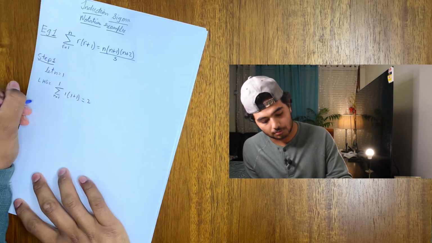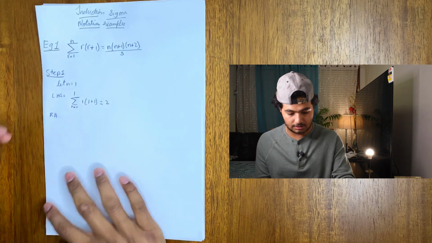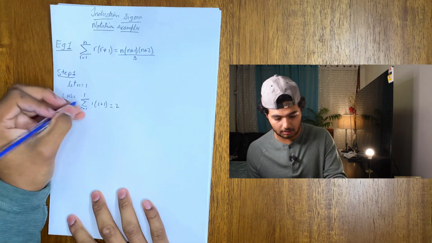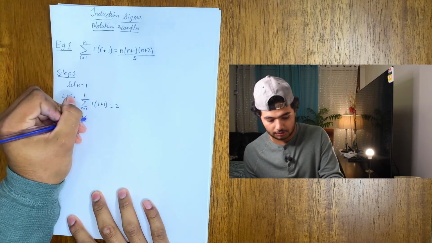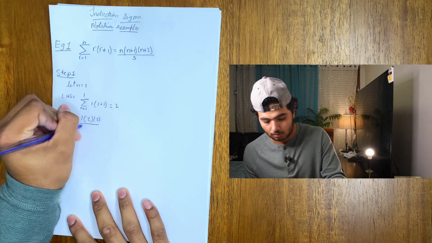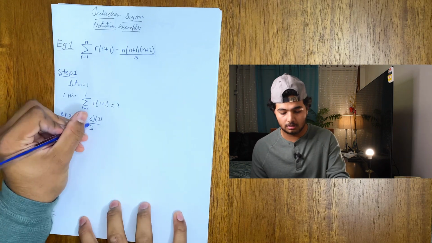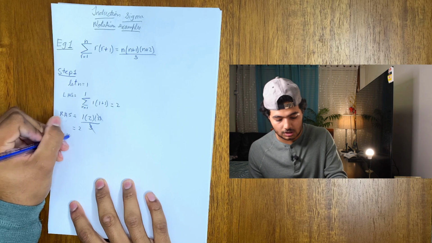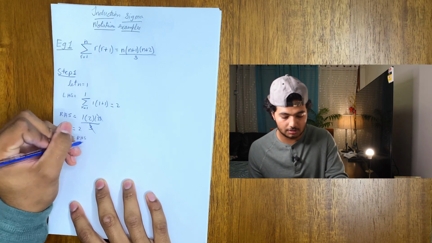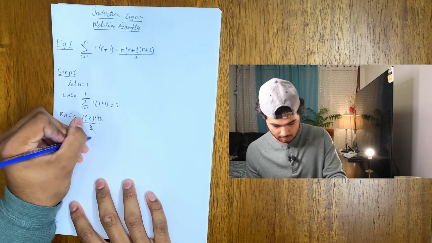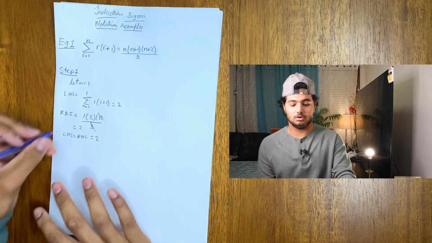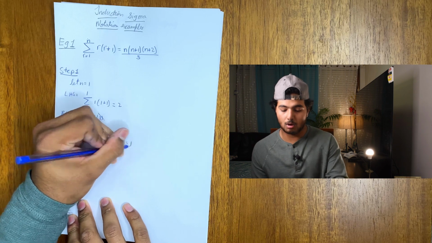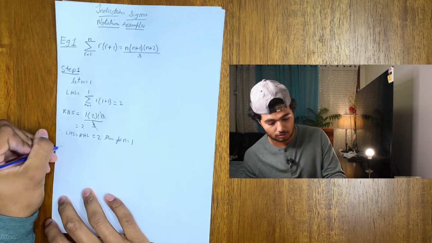RHS, I'll just do it at the bottom. RHS in this case, same thing, 1 brackets 2 brackets 3, all upon 3, the 3 is gone, equals to 2. Therefore, LHS equals to RHS, which equals 2. So true for n equals to 1. True for n equals to 1, step 2.